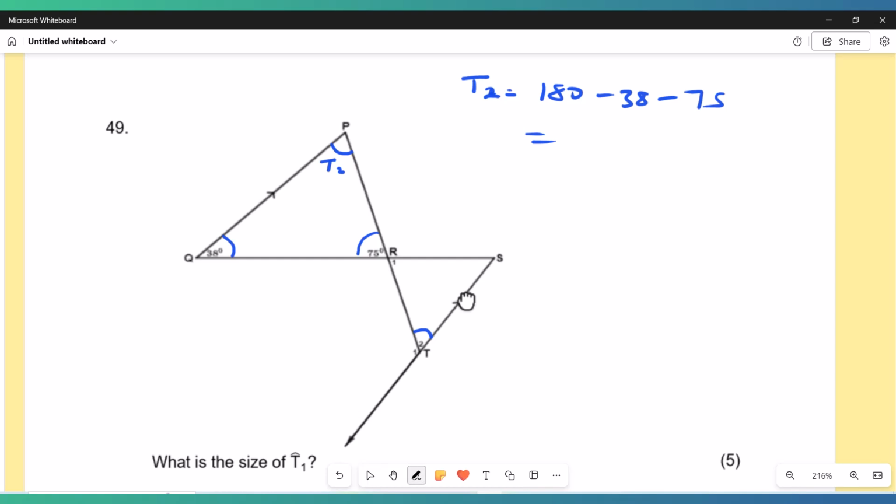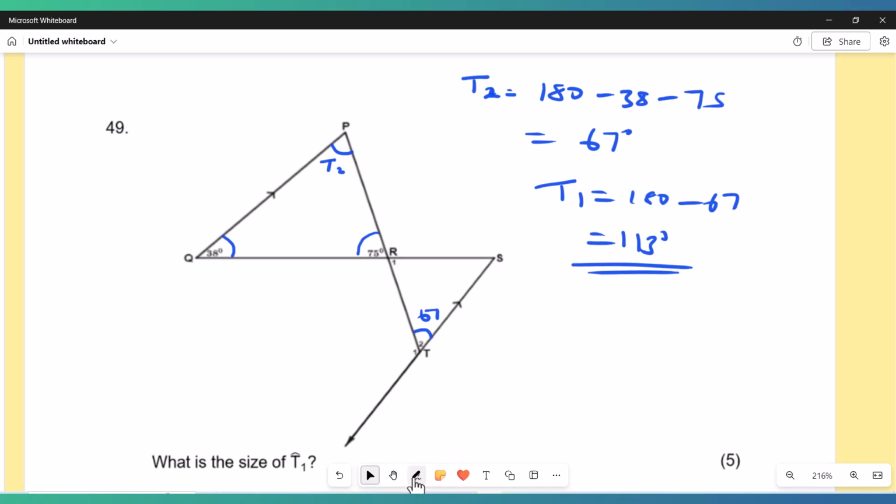So this is 67 degrees. That's for T2. So now to get my T1, I'm going to say 180 minus 67. Okay, so T1 equals 180 minus 67, which gives me 113. So I have 113 degrees as my T1. These are also angles in a straight line, okay? That's why we are using 180 degrees.